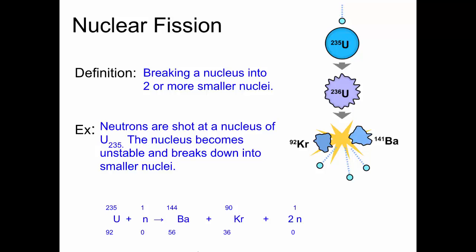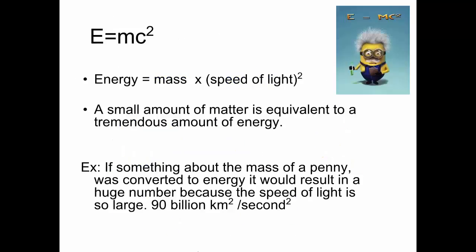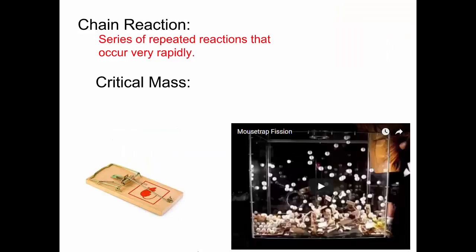Hit other uranium-235 nuclei, causing them to split. And then that releases more neutrons, which hit more uranium nuclei, causing them to split. And we have what we call a chain reaction. A chain reaction is a series of repeated reactions that occur rapidly and which are self-sustaining because the products of one reaction cause another reaction to take place.